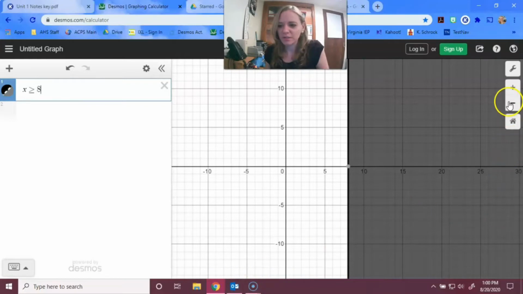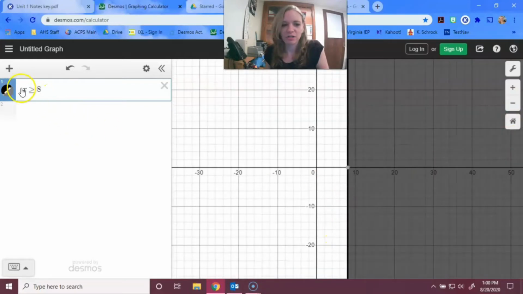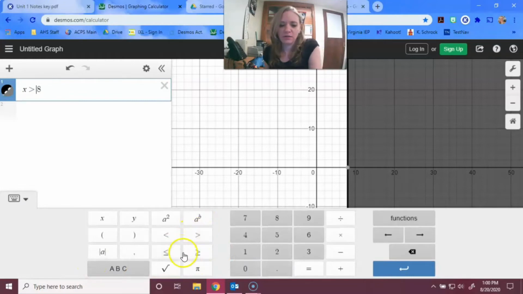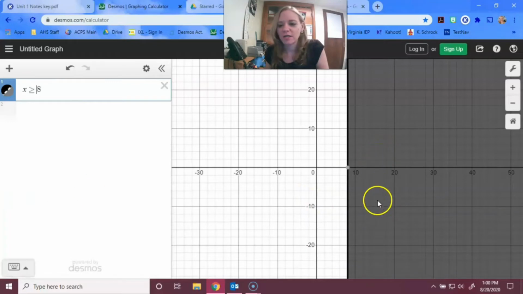It has a solid line because we have the equal bar. If we change this to a regular greater than sign, then the line becomes dashed. Let's change it back. So that's solid and dashed, and since it's a greater than symbol, everything greater than 8 is shaded that way.